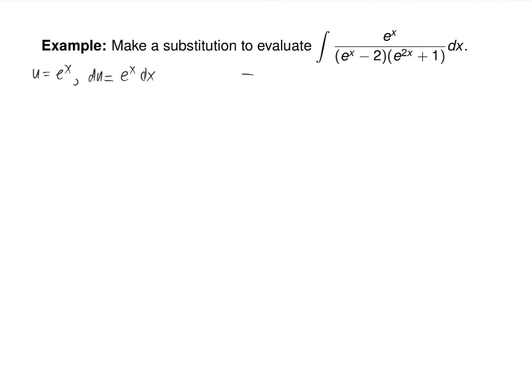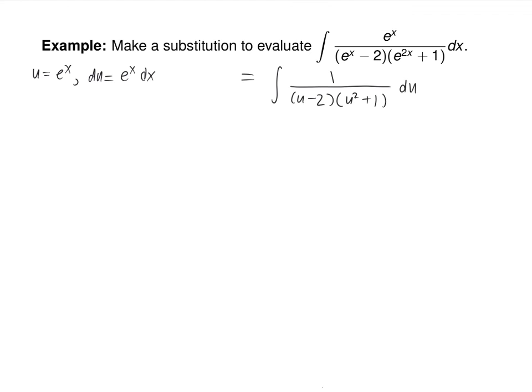So that becomes the integral. The denominator is u minus 2. What does the e to the 2x become? u squared. And in that numerator, is e to the x a u, or is it just gone? It's part of du, so it's gone. That was the thing I really wanted to point out here.